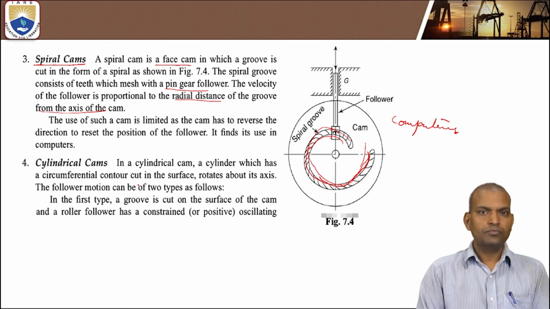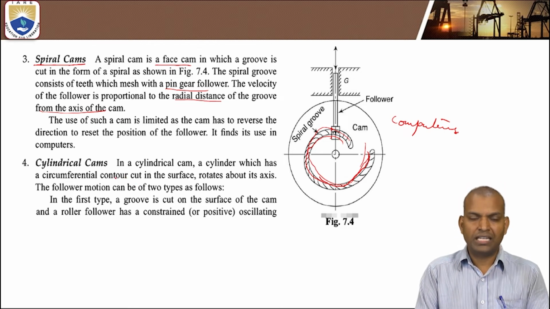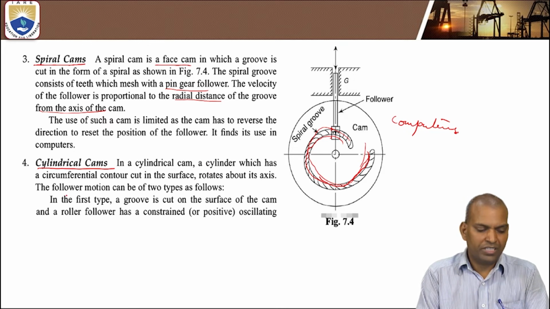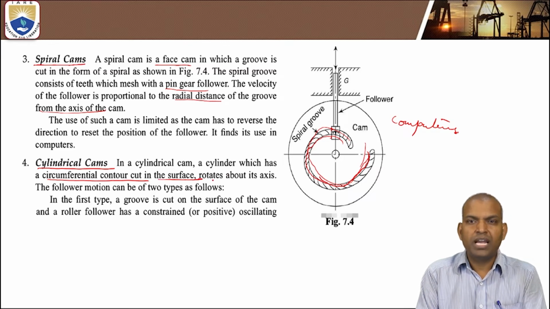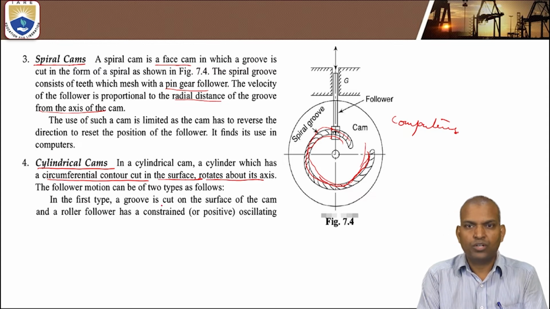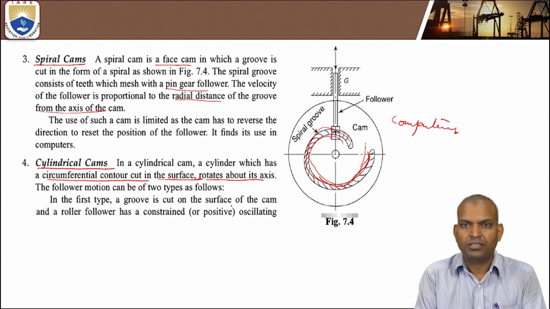Now, the fourth category is cylindrical cams. In a cylindrical cam, what will happen? It has a circumferential contour cut in the surface and rotates about its axis.